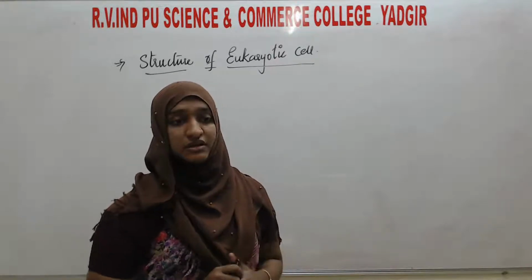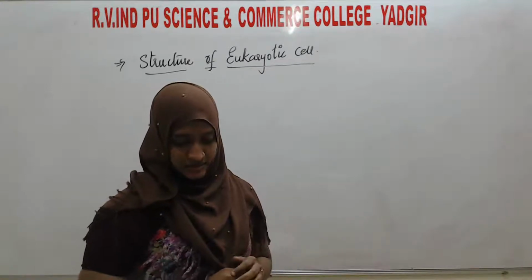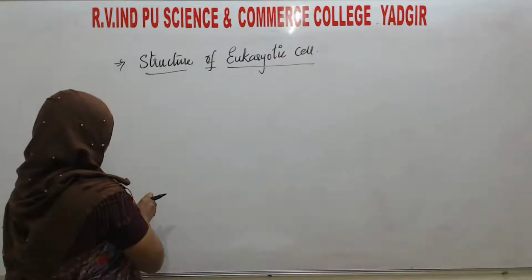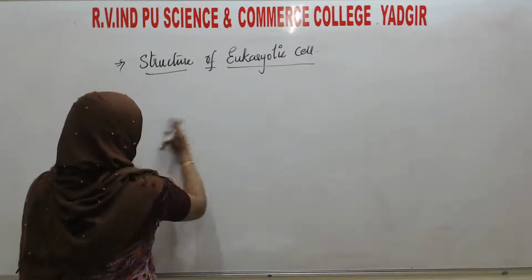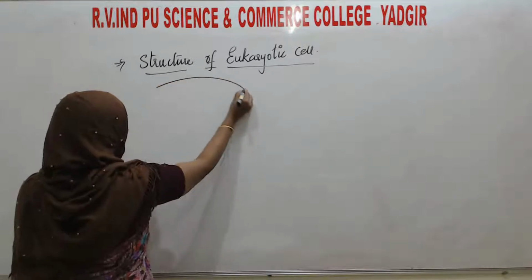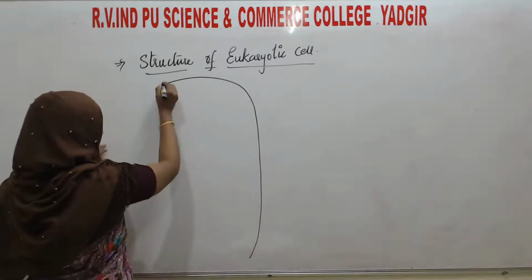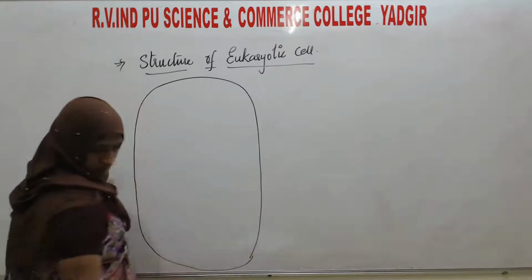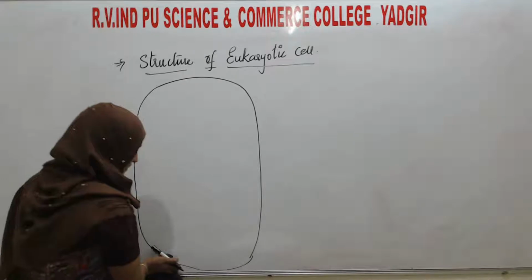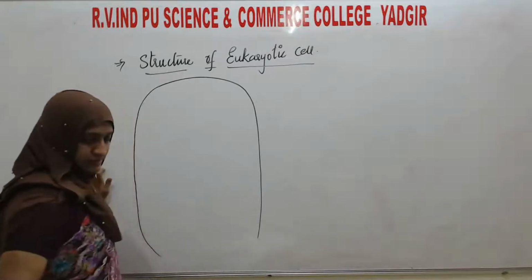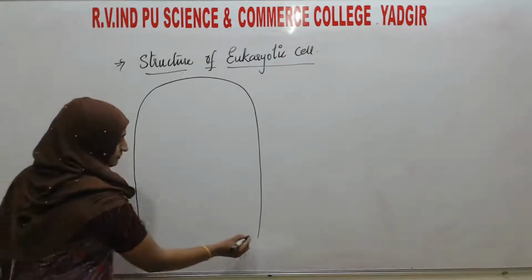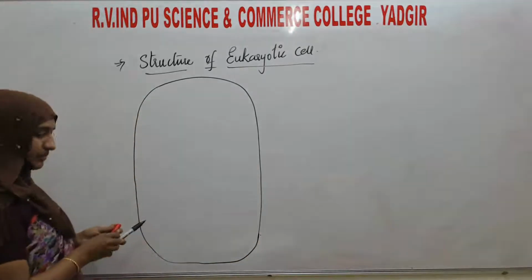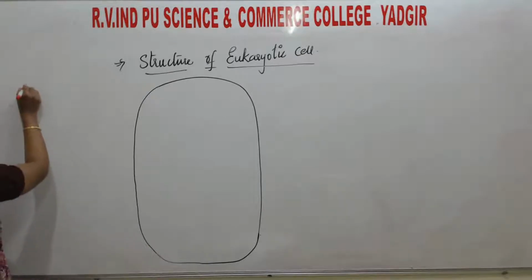What is the difference in the structure of the plant cell and the animal cell? See here. I am talking here about the animal cell.